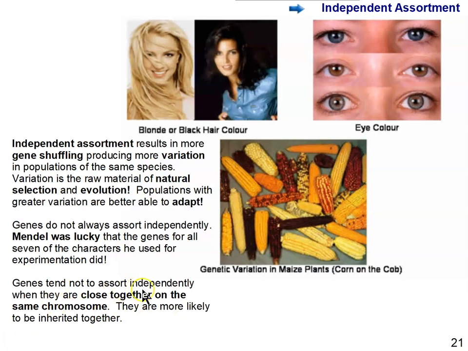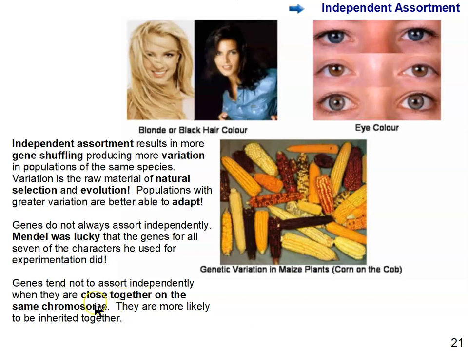So genes do not assort independently if they're close together on the same chromosome. They're more likely to be inherited together if they are close together on the same chromosome. But even if they are together on the same chromosome, there is a mechanism that operates during meiosis that will separate them from each other and make them appear to assort independently.